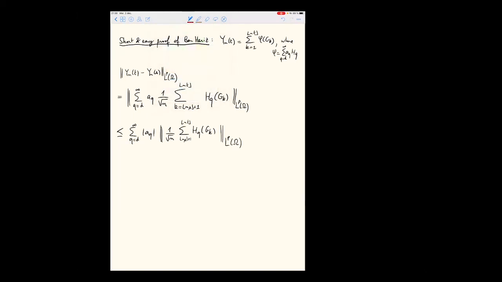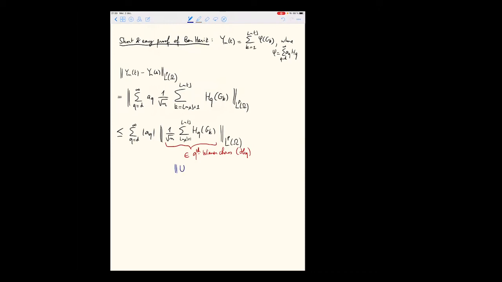Okay, and now I observe something, and our simple proof comes from here. We observe that this guy here belongs to the q-th Wiener chaos. So it is quite specific. If you don't know what it is, most of you know, but if there is at least one who does not know what it is, I'm not going to explain, but what you should just know is that this is a particular set of random variables having a specific form.